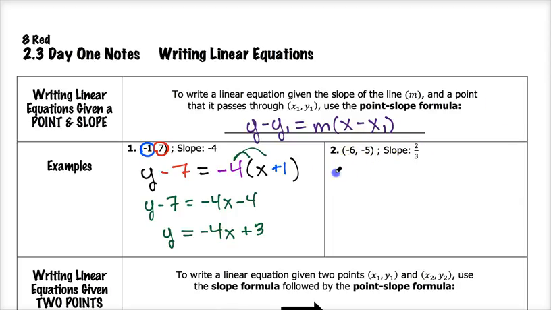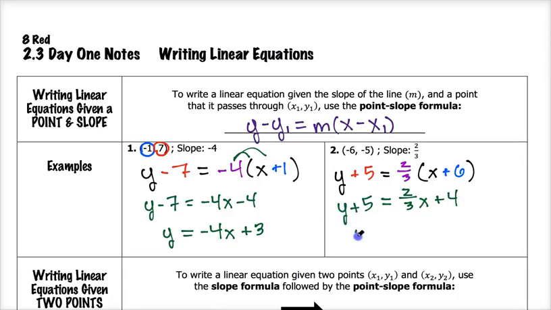So the point-slope form would be y plus 5 equals 2/3 times the quantity x plus 6. So again, we'll distribute the 2/3 to get 2/3 x plus 4, and then just subtract 5 from both sides, and that gives us the equation y equals 2/3 x minus 1.